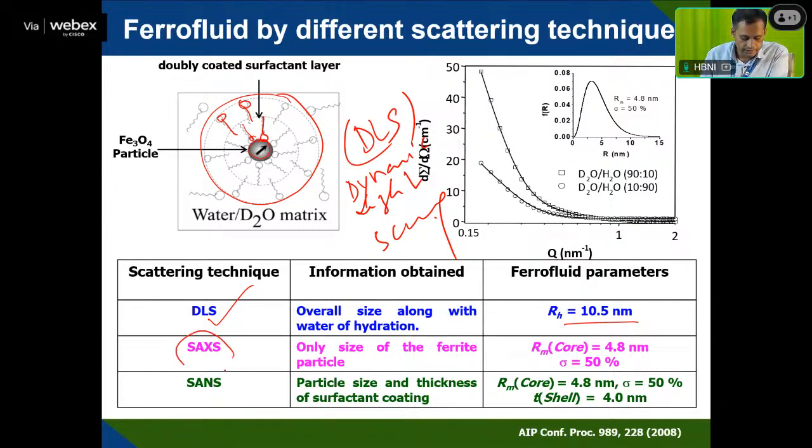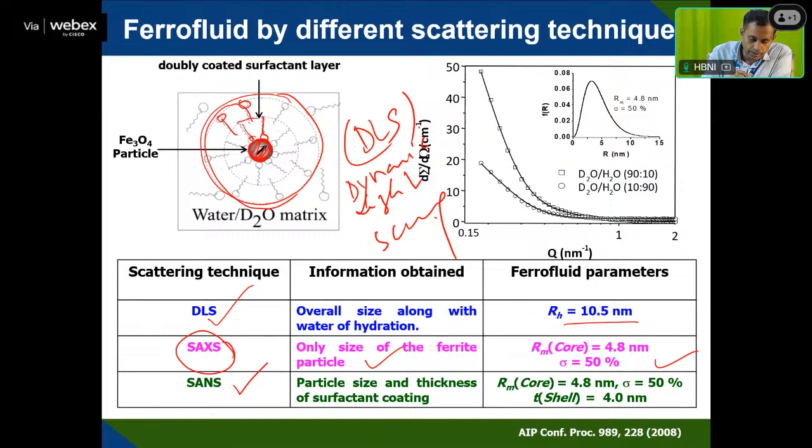If you go for a SAXS study, the small angle X-ray study, you will get only the information from the electron cloud of the Fe3O4 nanoparticle. So that core information, you will get only the core size. You'll get about 4.8 nanometer from the SAXS study. But if you go for the SANS study, you will get the particle size, especially the thickness of that bilayer structure, this region here.